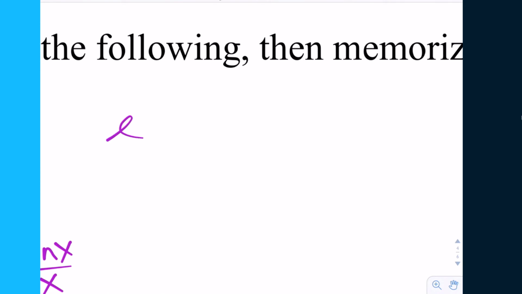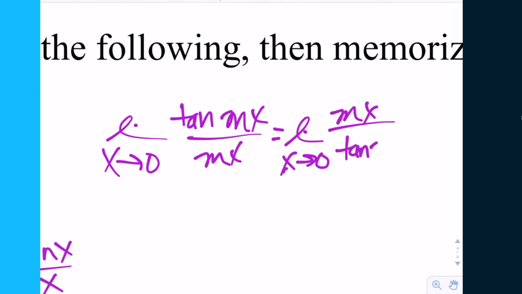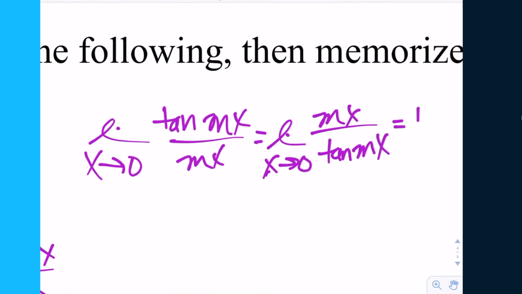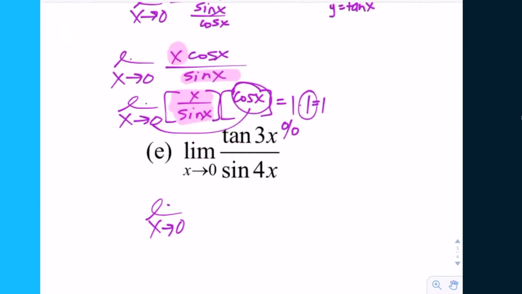The limit as x goes to 0 of tangent of mx over mx is the same as the limit as x goes to 0 of mx over tangent of mx. And of course, you could substitute sine in for tangent. It's equal to 1. So we don't have to put tangent in terms of sine if we're approaching 0.